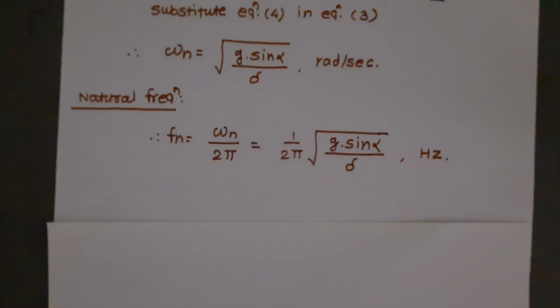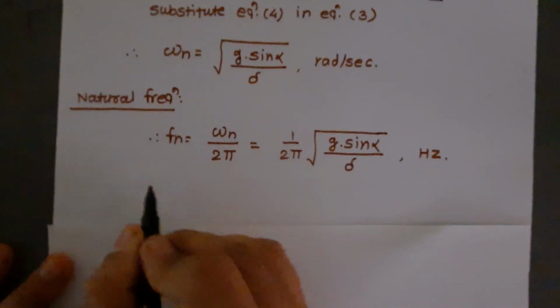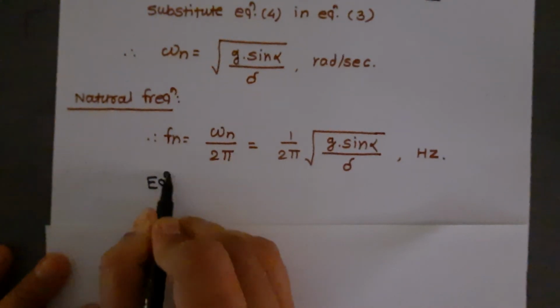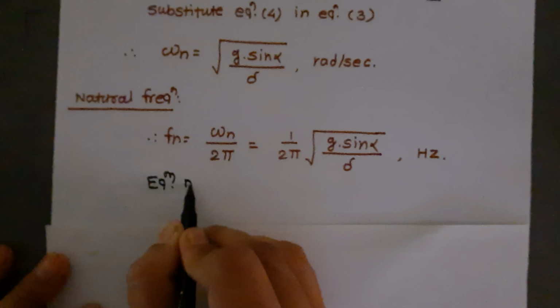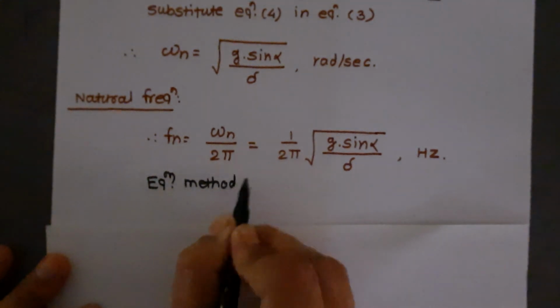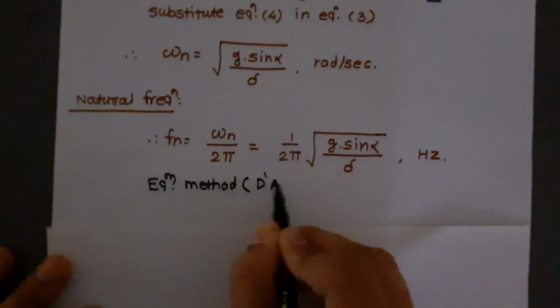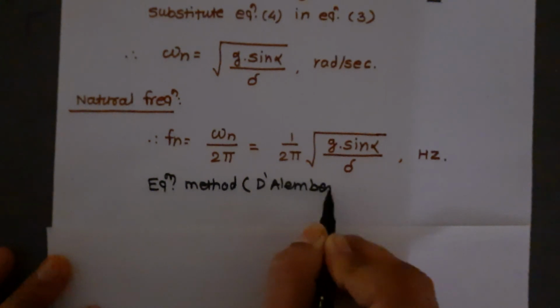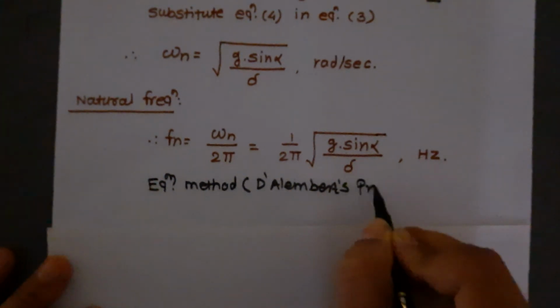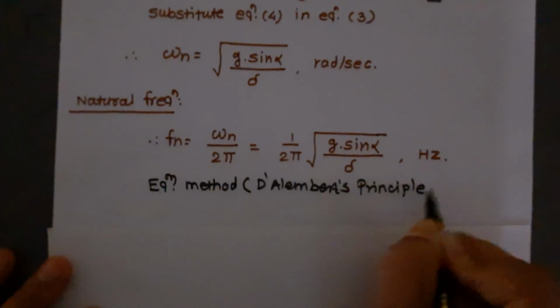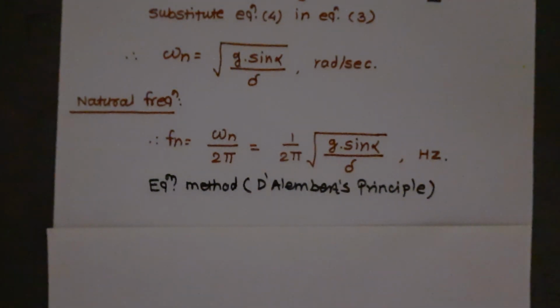This is our natural frequency equation for the given system by the equilibrium method, also popularly called D'Alembert principle.